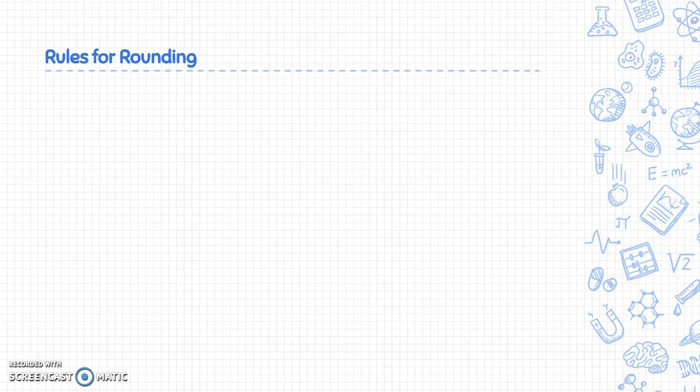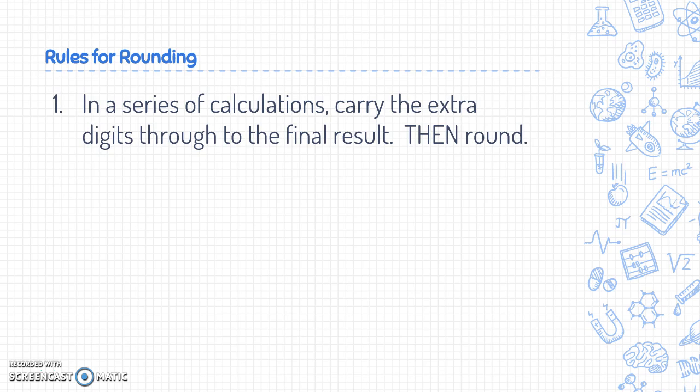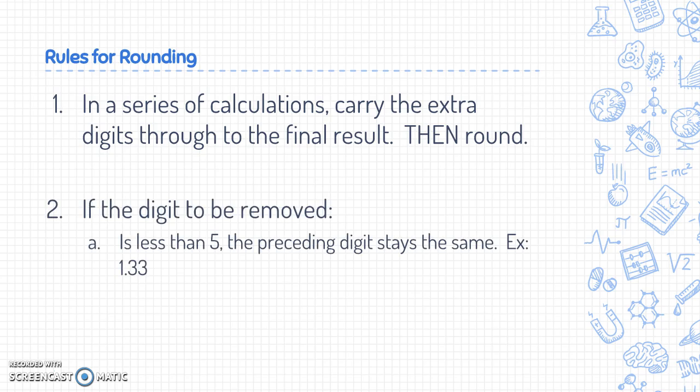Just a couple rules for rounding, and this should definitely be a review. In a series of calculations, we will carry the extra digits through to the final result and then round. So when we're doing stoichiometry, for example, and you're doing multiple steps, we will round our final answer to the correct number of significant figures. If the digit to be removed is less than 5, the preceding digit stays the same.